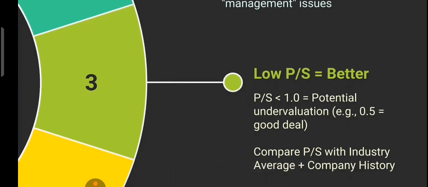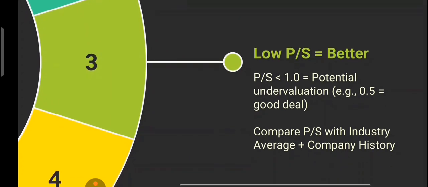For example, a company with a P/S of 0.5 could be a hidden gem, but always compare it with the industry average and the company's own history. Because P/S less than 1 means undervaluation.